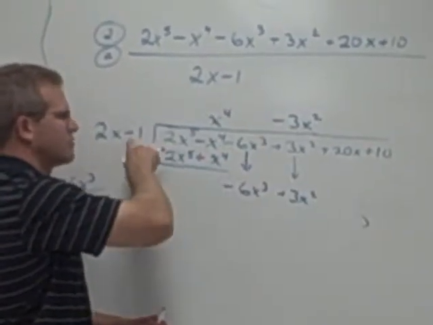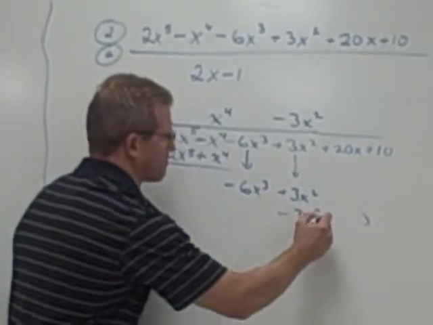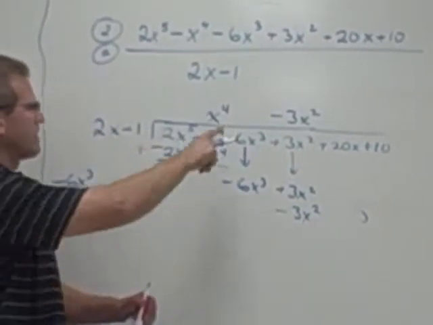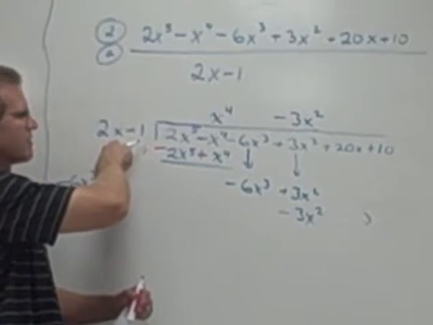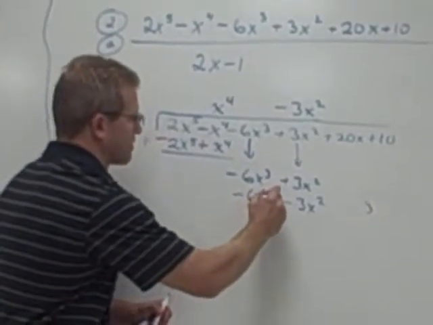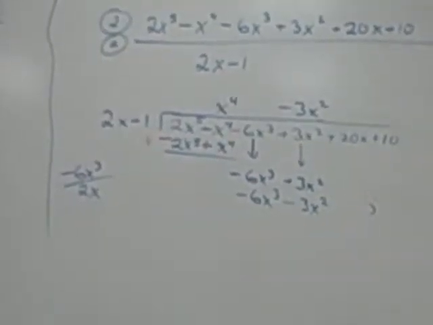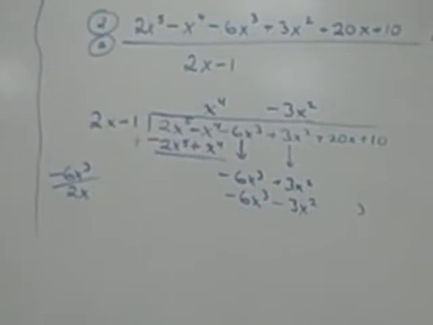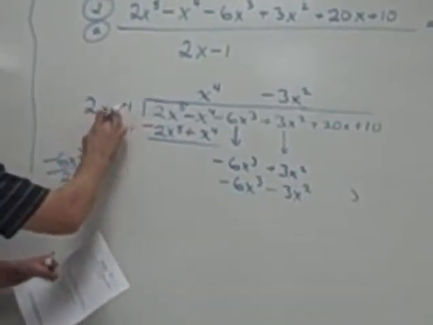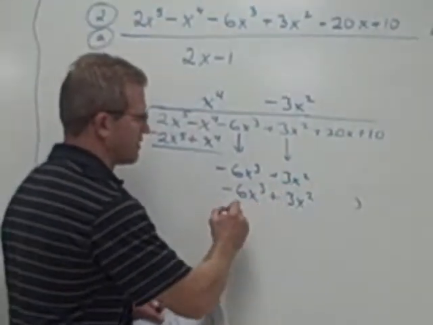Negative 3x squared times 1 is negative 3x squared. Negative 3x squared times 2x, negative 6x cubed. I might have a sign wrong. Let me look here. No. This should be a minus 1 here. Which would make this plus.